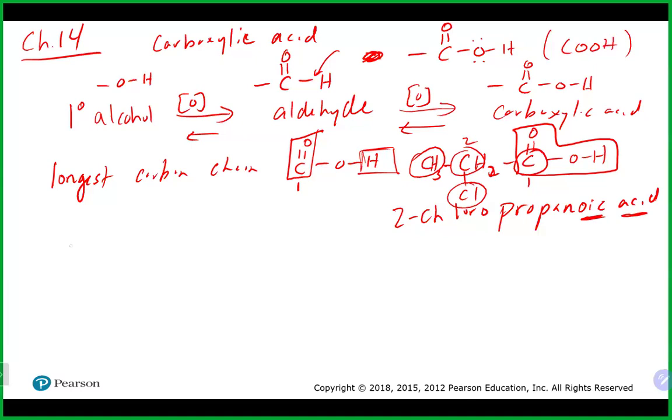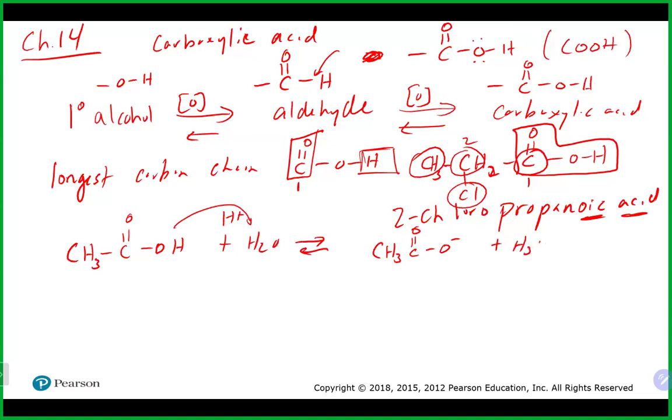So these guys, again, if it's going to just be dissociated in water, it's going to send over the H plus. And again, we'll make our acetate and our H3O plus, so our Bronsted-Lowry definition.